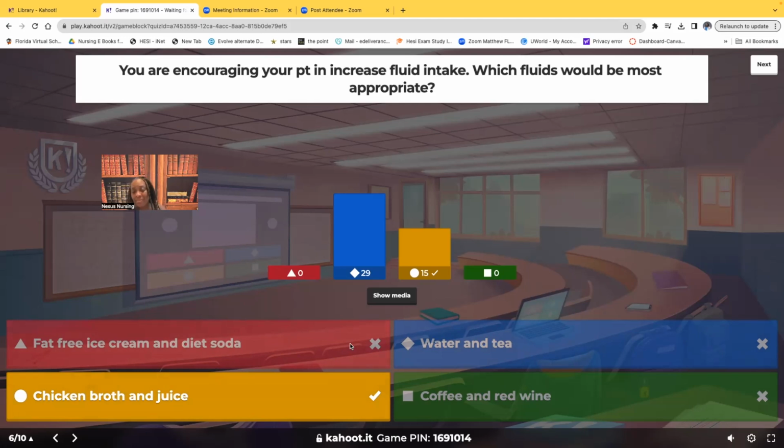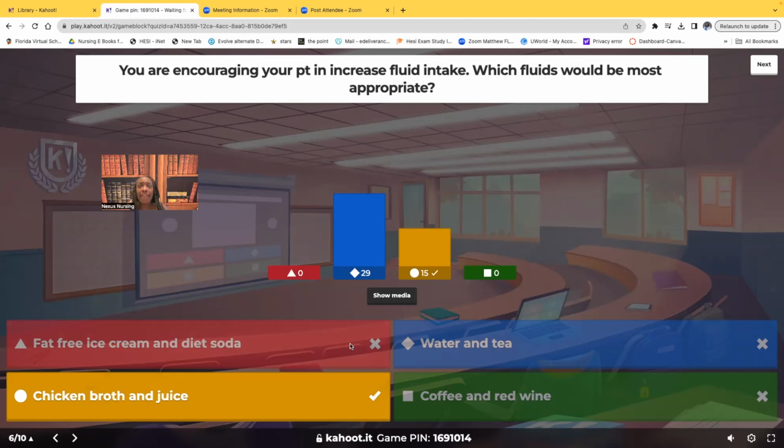What's the problem with tea? Tea has what in it? Caffeine. What's the problem with caffeine? Caffeine's a diuretic. Think about it. The patient that has Addison's disease, their sodium is low, which means the fluids are low. Do you think them having a diuretic would be a good choice? Absolutely not. We're trying to get them to increase fluids, not decrease fluids.